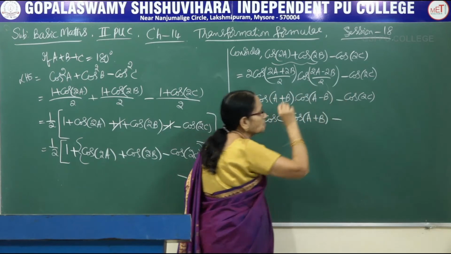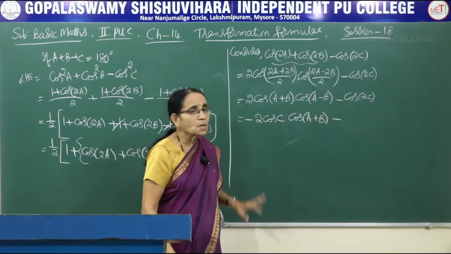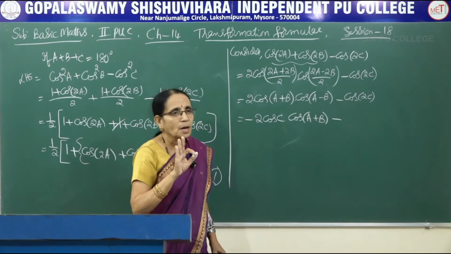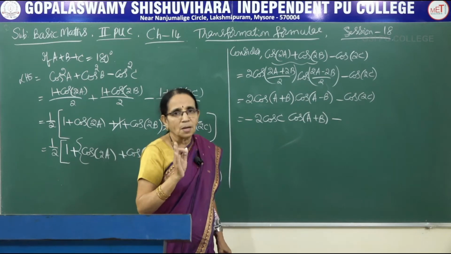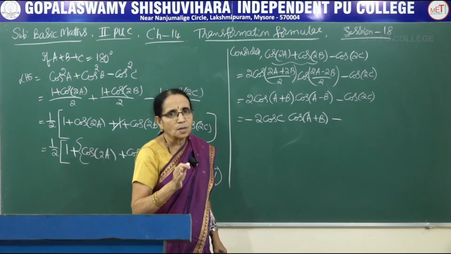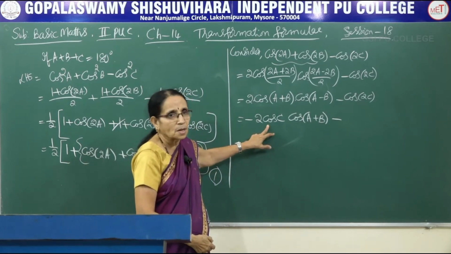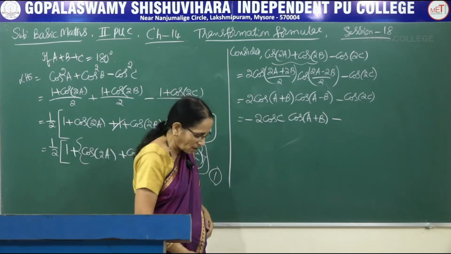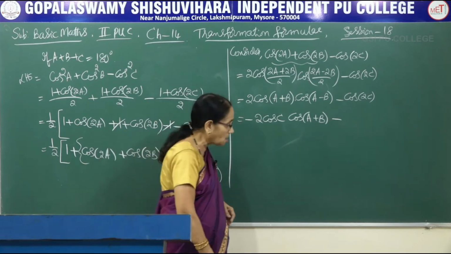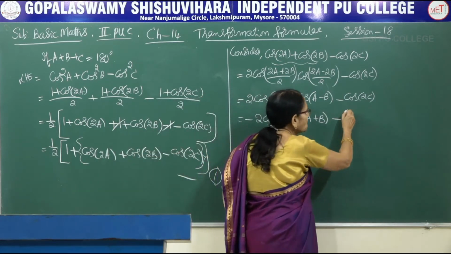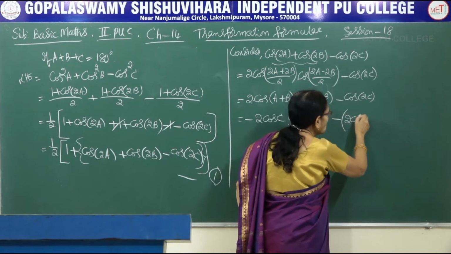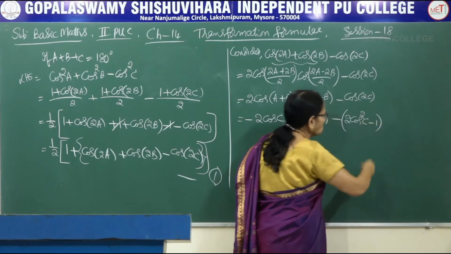Now come to this part. As you know that cos of 2C has got 3 expansions: 2 cos square C minus 1, 1 minus 2 sin square C, and cos square C minus sin square C. Because cos of C is already there, which has to be taken as a common factor, what I do is I use this formula, 2 cos square C minus 1.